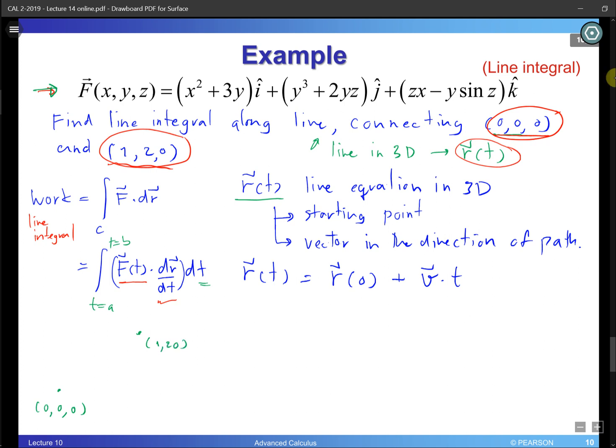So we have this point starting at point 0, 0, 0 and it ends at point 1, 2, 0. So we want to create this line in 3D and we want to represent this in terms of r of t.